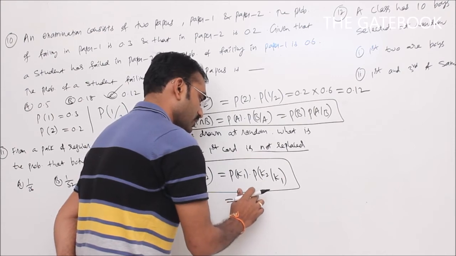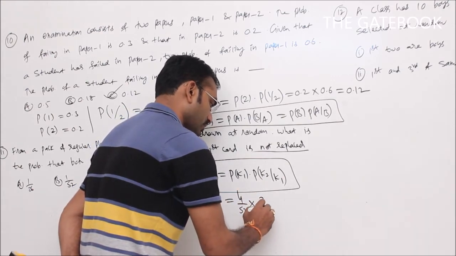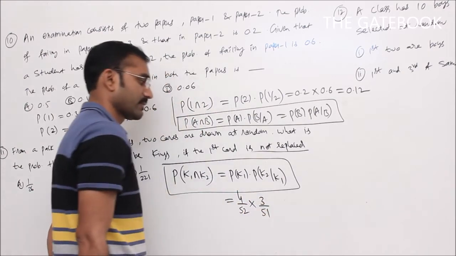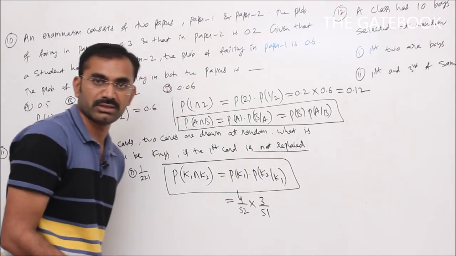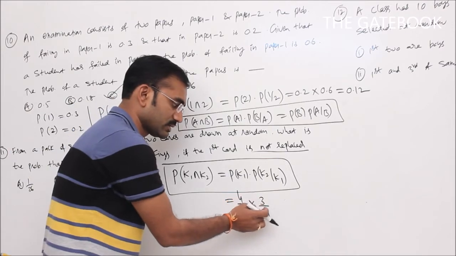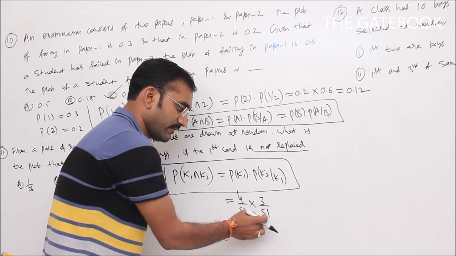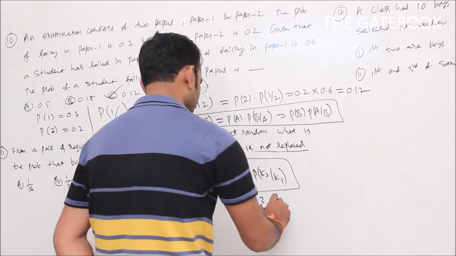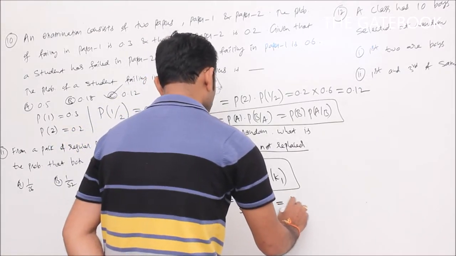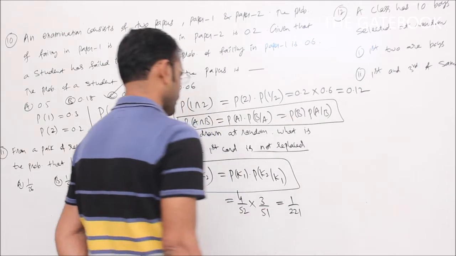Remaining king cards will be 3 only. Total number of cards 51. We are not replacing the first king card, so remaining king cards will be only 3. So out of 3 king cards, we will draw, 3 by 51. Total cards will be 51. So multiply this, simplify, we get 1 by 221.